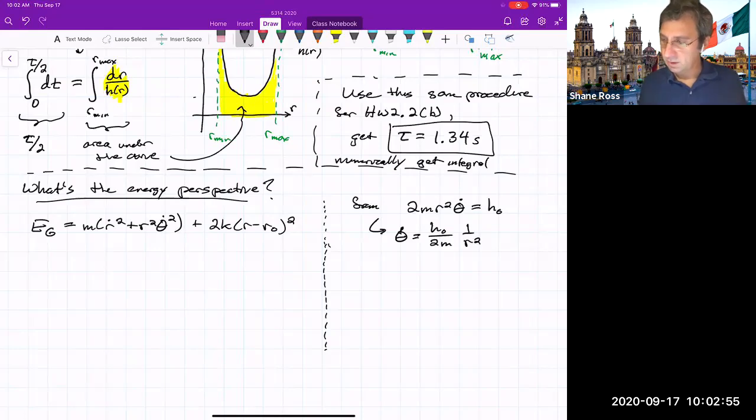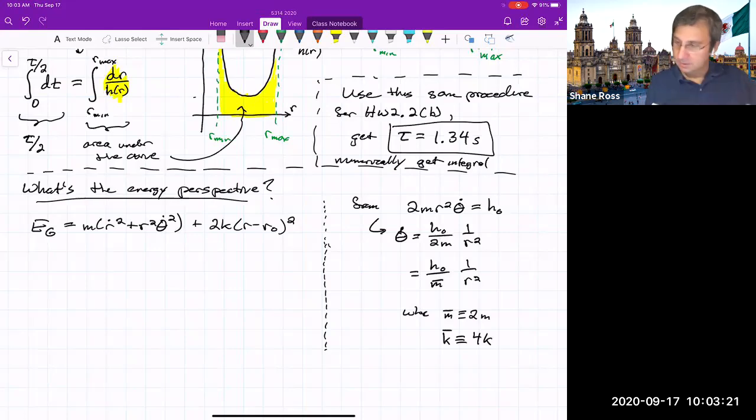And I'm going to rewrite this as h naught over m bar, 1 over r squared, where m bar is defined to be 2m. And I'm going to define something called k bar, which is 4k.